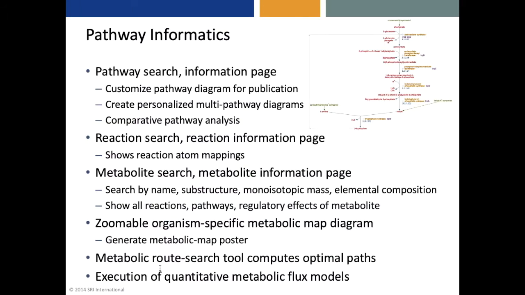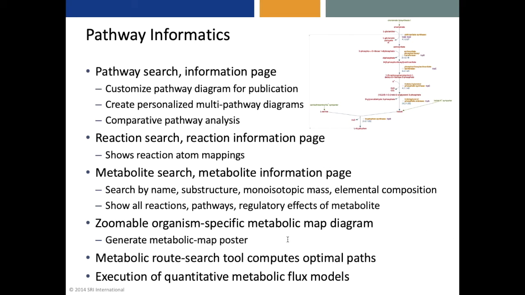There are a variety of pathway informatics tools available, including pathway search and a pathway information page, reaction search and a reaction information page that shows reaction atom mappings. There's a metabolite search and metabolite information page, and the metabolite searches span multiple different properties of metabolites.